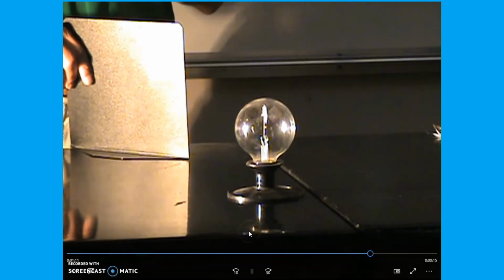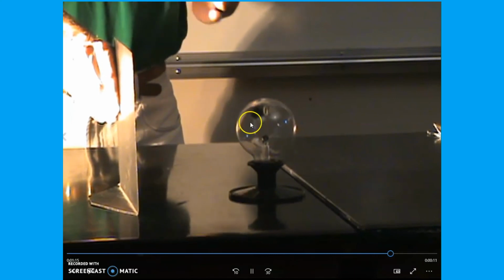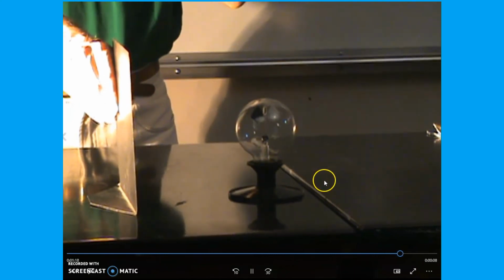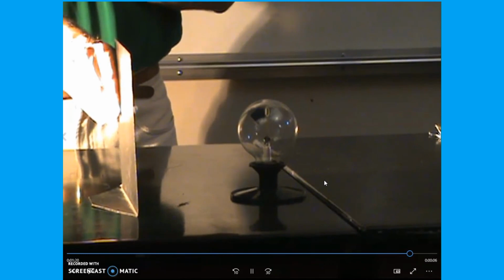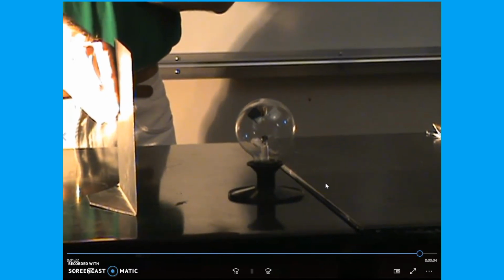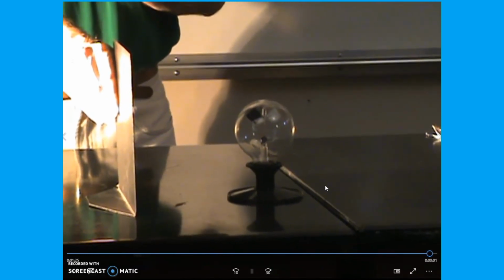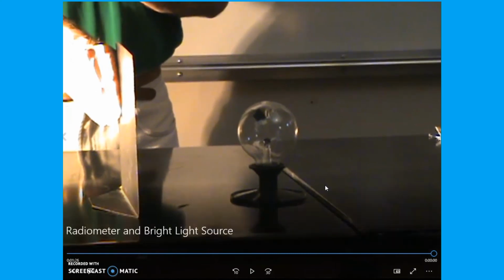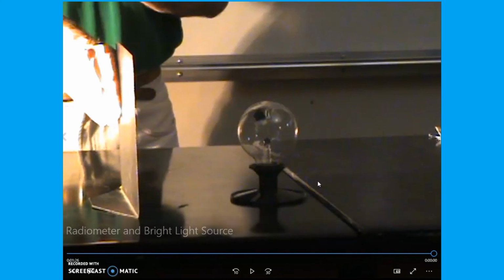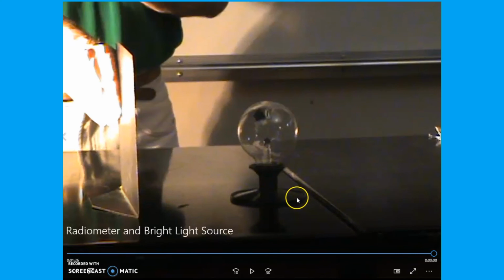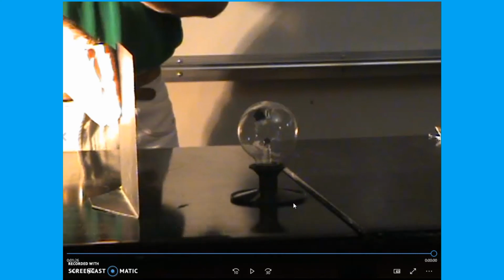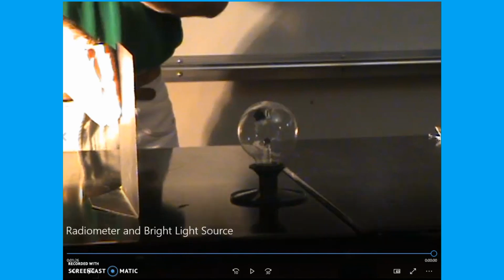Well, it's not being transferred in the form of traditional particles with mass, because that glass bulb is preventing any particles with mass from getting through to the radiometer panes. So where is the kinetic energy of those radiometer panes coming from if it's not coming from particles? Well, in this case, it's coming in the form of waves. That is the light waves themselves, which travel through space and carry energy with them.